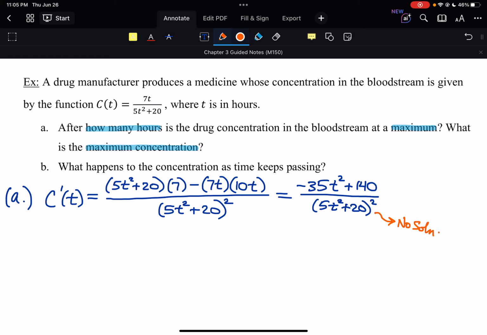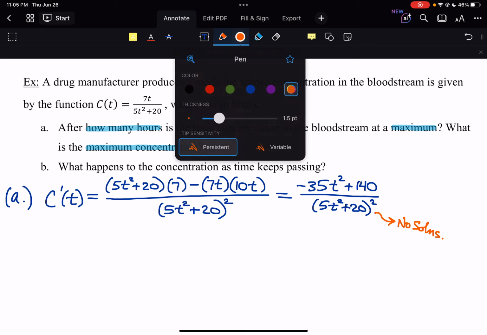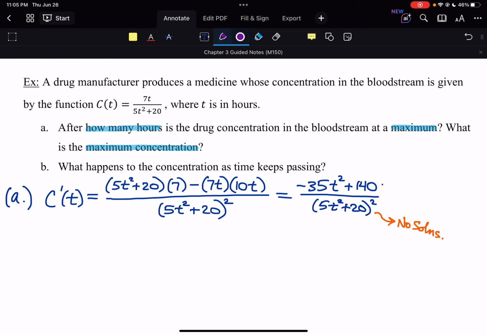So you're not going to get any solutions out of that denominator, but the numerator we can work with. So we're going to set that equal to 0.